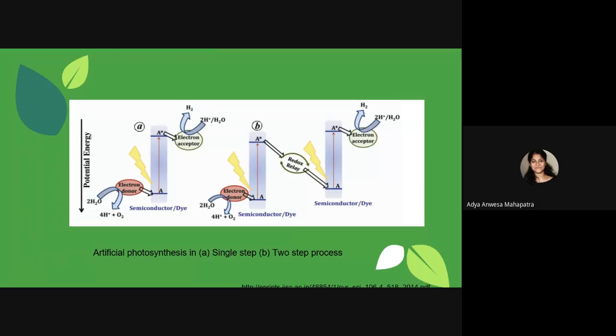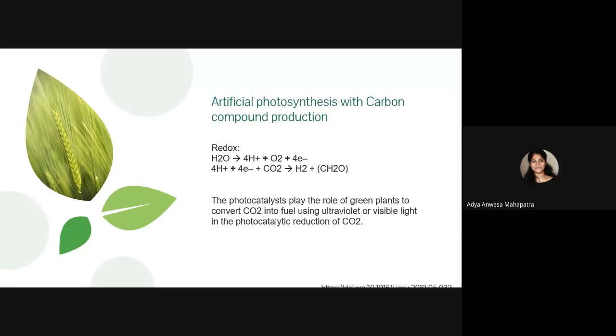That molecule is now attached to the second semiconductor here. When electrons are passed from that molecule to the semiconductor, it is stored in the valence band, and when light falls on it, the electrons then move from the valence band to the conduction band, and there again the hydrogen gets reduced to H2.